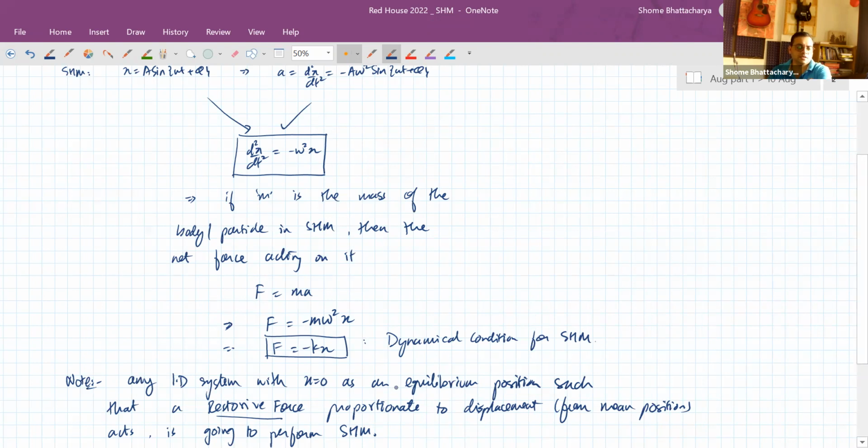In fact, we can add that it is a stable equilibrium position, because obviously we're talking about a restorative force.